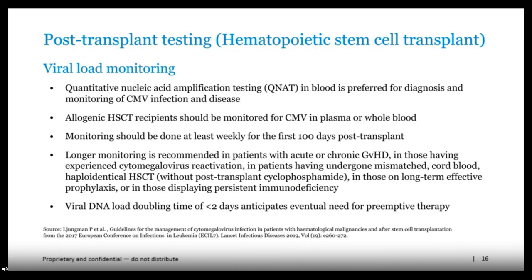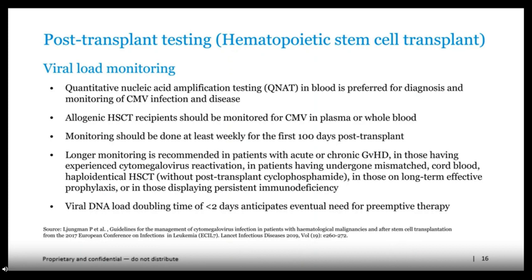Longer monitoring periods beyond that first 100 days are recommended in patients with acute or chronic graft versus host disease, those having experienced CMV reactivation, patients having undergone mismatched transplant, cord blood, haploidentical bone marrow transplant or hematopoietic stem cell transplant, those on long-term effective prophylaxis, or those displaying persistent immunodeficiency.